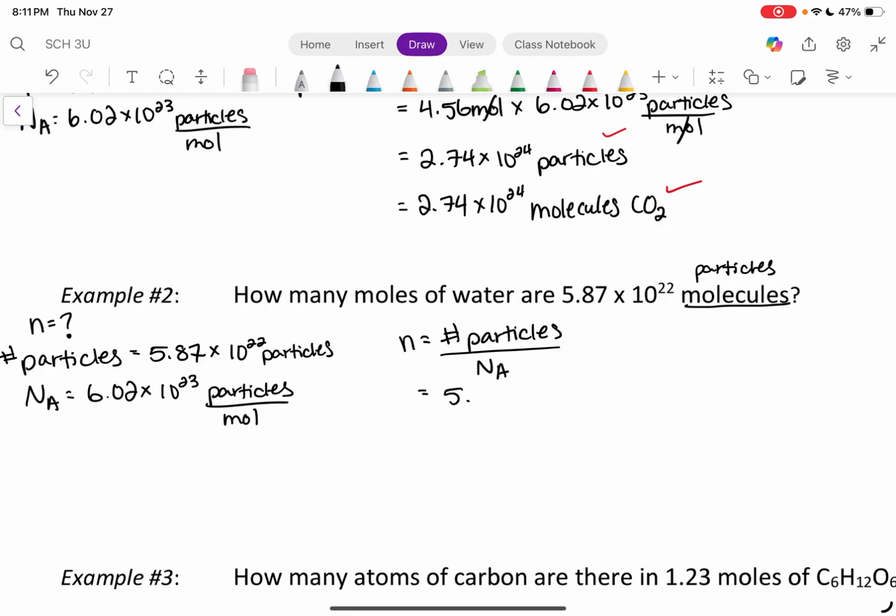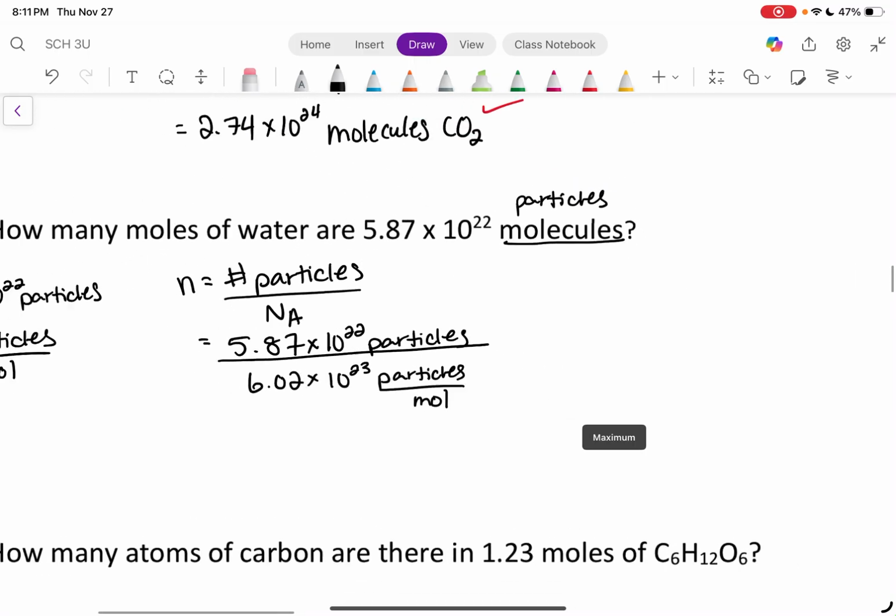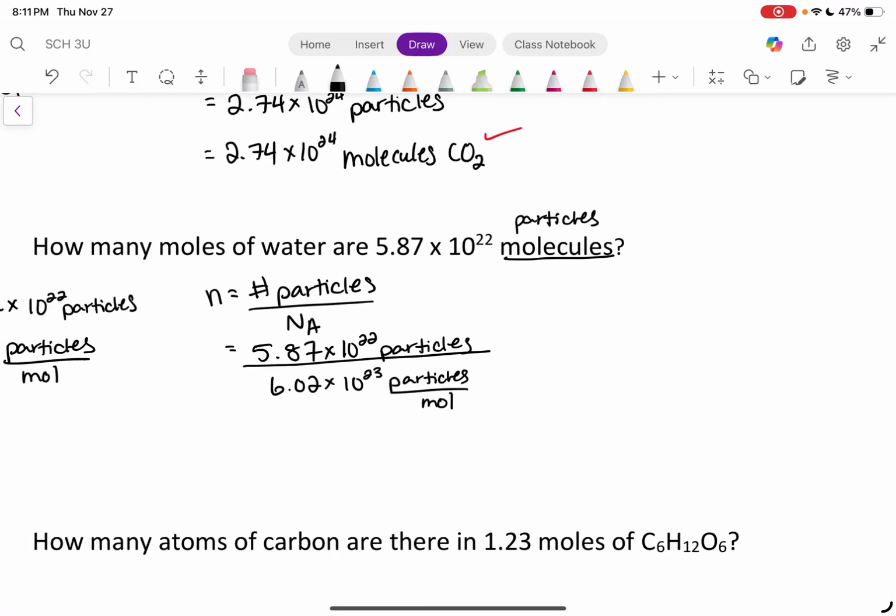So I have 5.87 times 10 to the power of 22 particles over 6.02 times 10 to the 23 particles per mole.